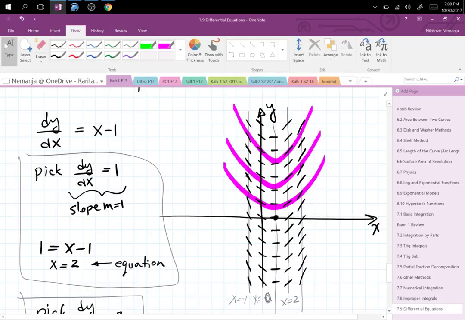You already noticed that I can draw infinitely many of these pink lines on top of each other everywhere in the space. And I do that because we have plus C. And what the plus C does, all the way from pre-calculus, is shift functions up and down.